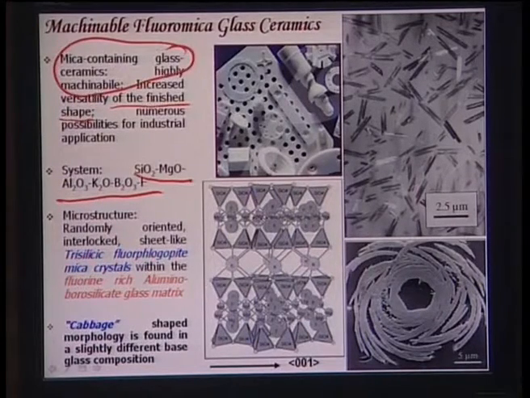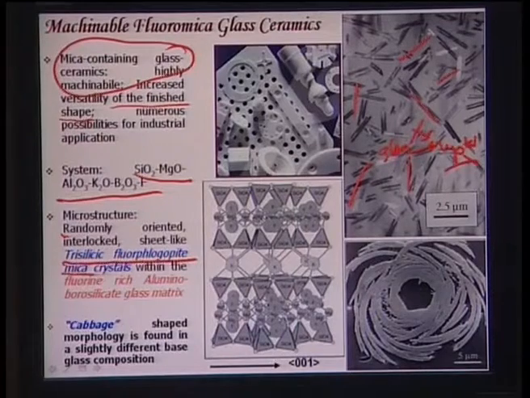The microstructure typically contains randomly oriented crystals. You can see here this is the transmission electron micrograph, in which this is your glass matrix and these are your crystals. These crystals are randomly oriented and mostly interlocked or sheet like, and they are trisilicic fluorophlogophite mica crystals, present in a borosilicate glass matrix.